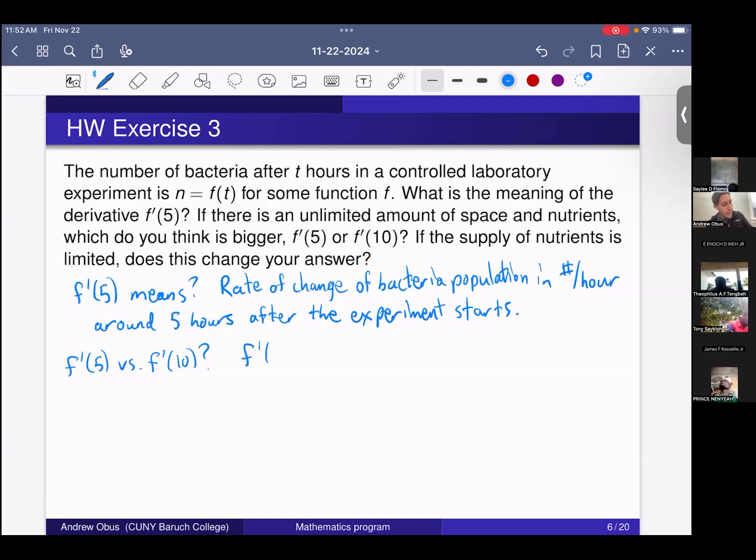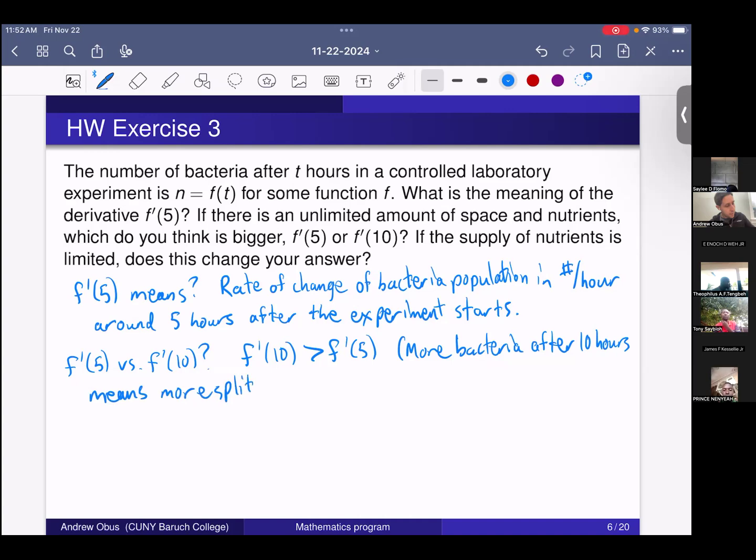So f prime of 10 should be bigger than f prime of 5, because more bacteria after 10 hours means more splitting, which means faster growth.